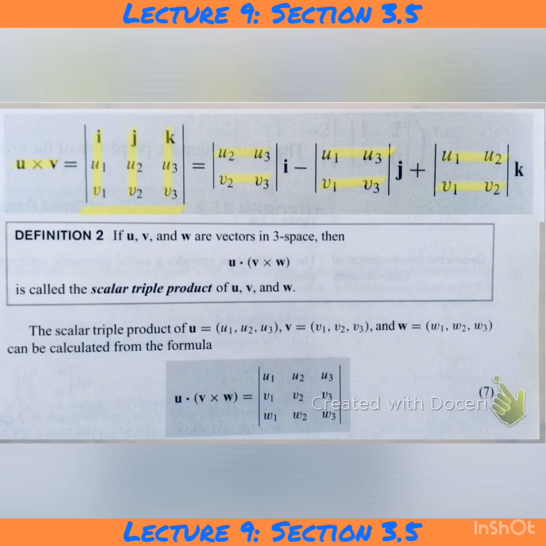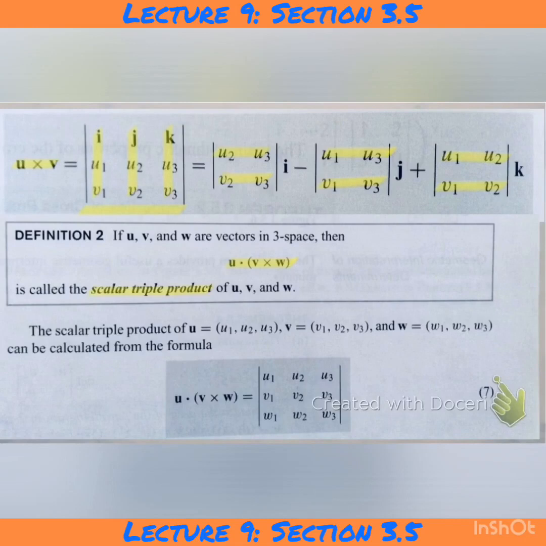Then the second definition is just the scalar triple product. We're doing the scalar triple product because we are going to apply it very briefly at the end of this section. What you would do is take a vector U, take V and W, take the cross product, like we explained in the beginning of the lesson, and then take the dot product of that vector with U, and that's known as the scalar triple product.